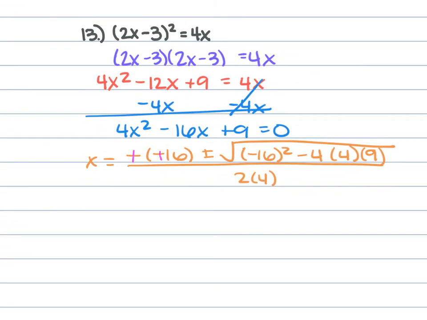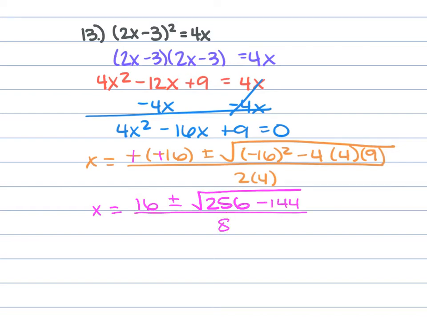These two negatives are going to turn into positive, so x is equal to positive 16 plus or minus that 16 squared gives us 256. And then that 4 times 4 is 16 times 9 gives us a negative 144. And this is all over 8.